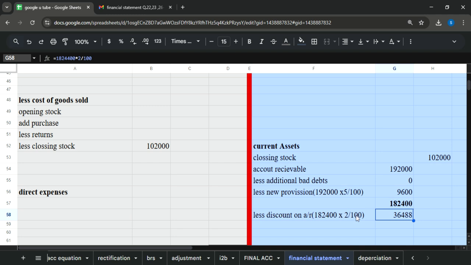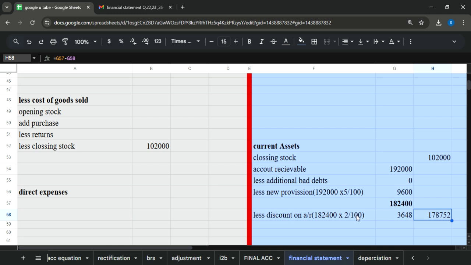Let's check it out again. 182,400, multiplied by 2%. So 3648 is the discount. And further, it would also be subtracted from the amount of debtors. So the final amount we have got is 178,752.